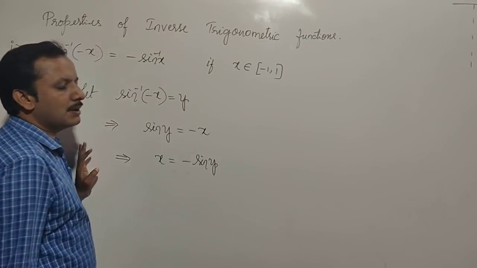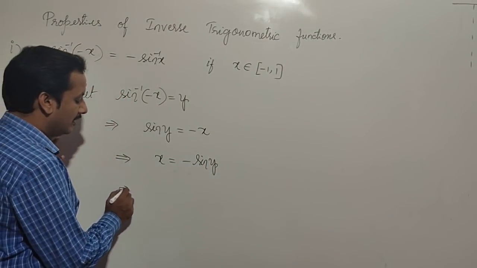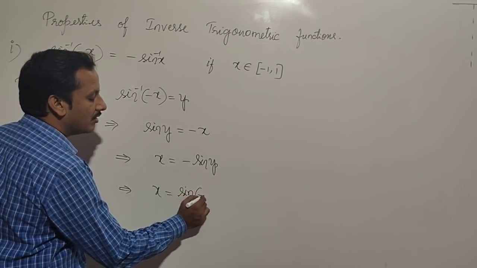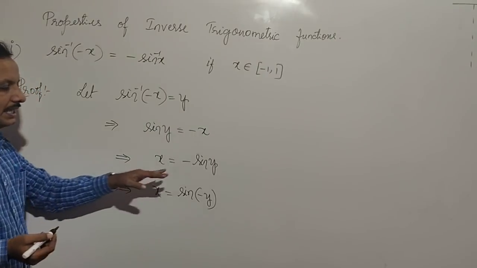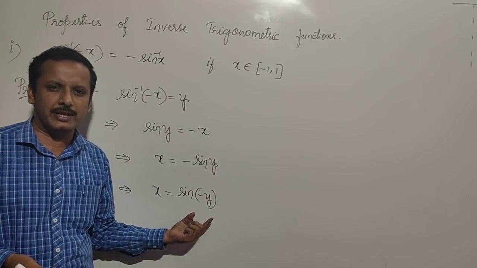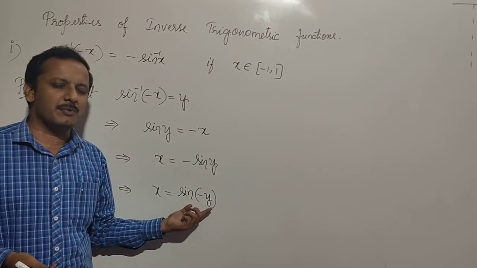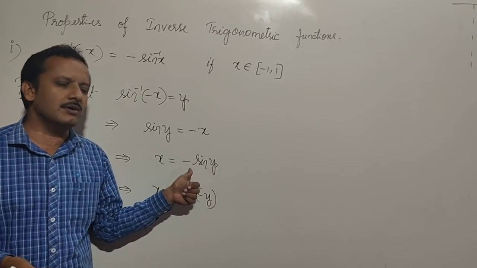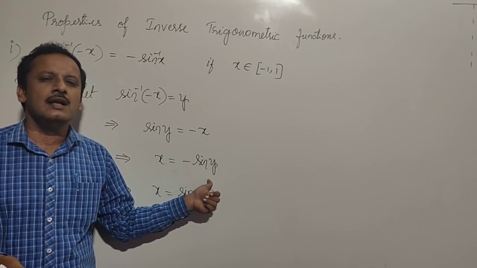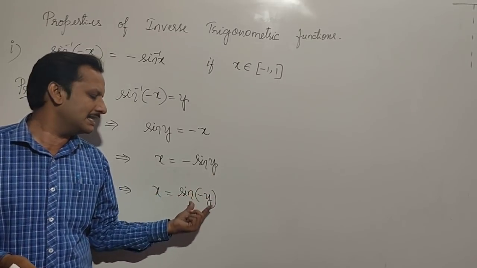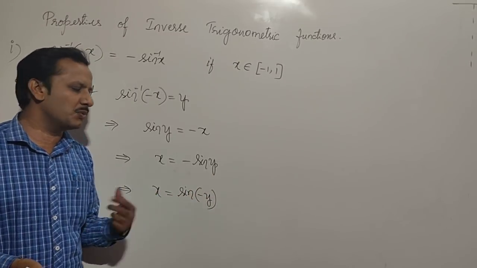That minus sin y I will write as sin of minus y, because we know a property that sine of minus theta is equal to minus sin theta. By using that property, I can write minus sine y as sine of minus y.